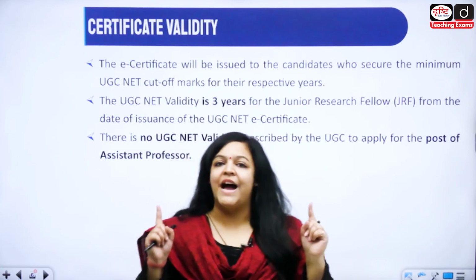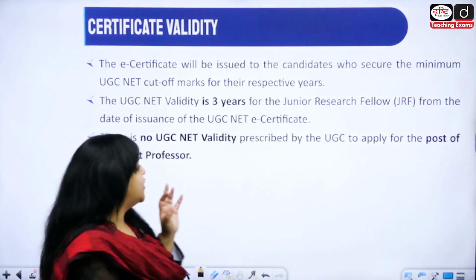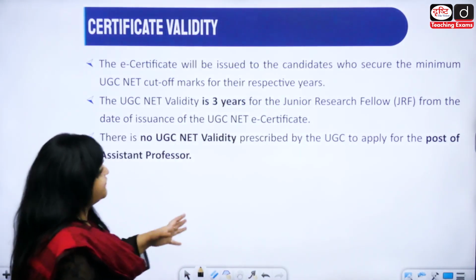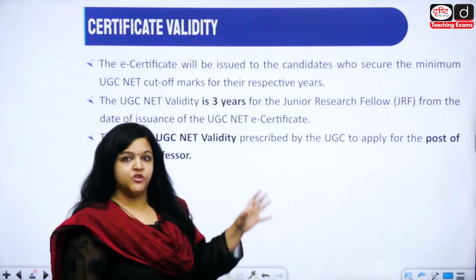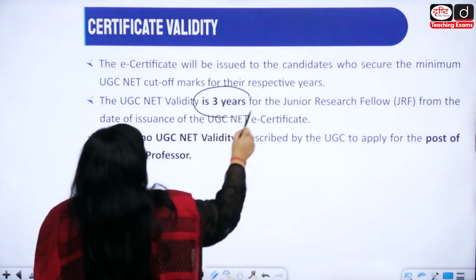Now, the validity of both the certificates is also different. The UGC-NET certificate for Junior Research Fellowship, which is JRF, is only valid for 3 years.